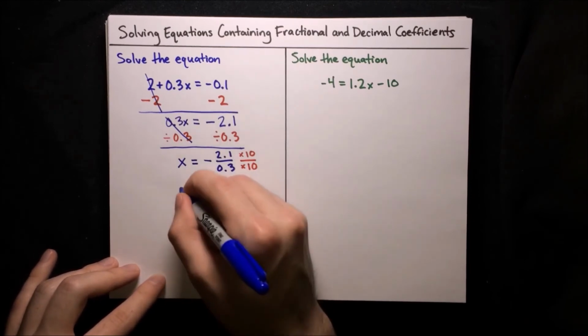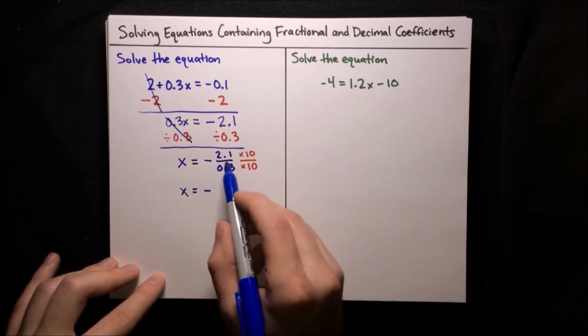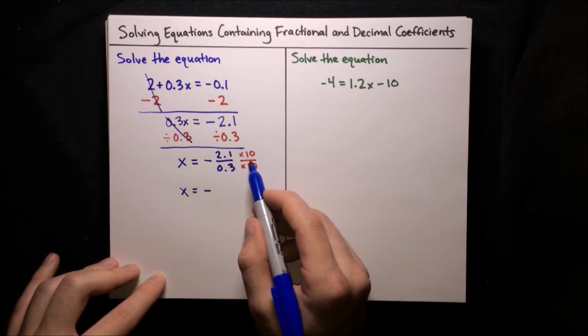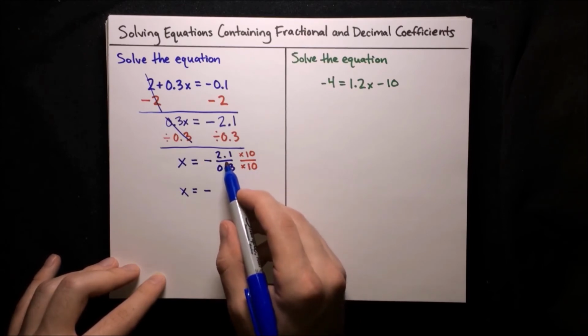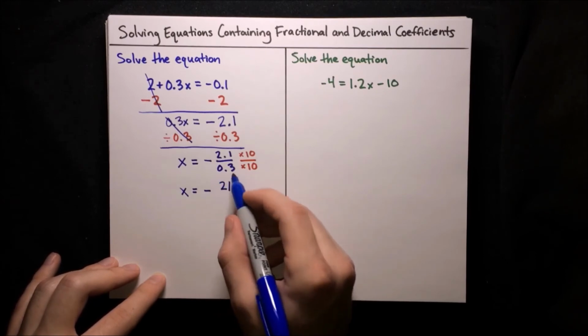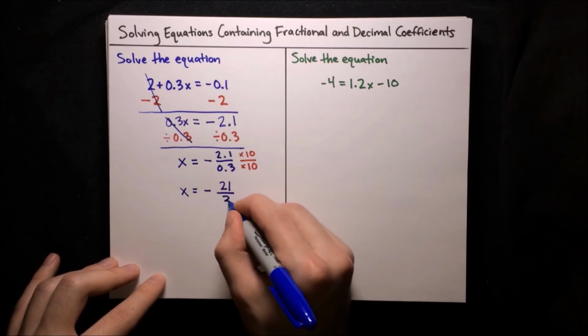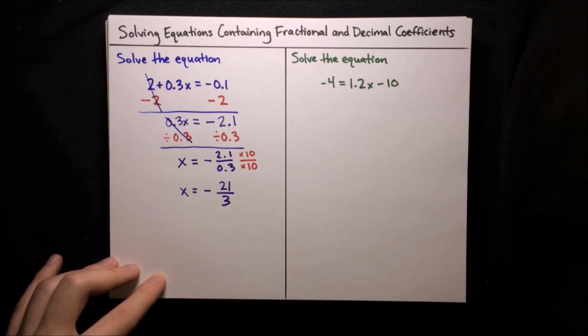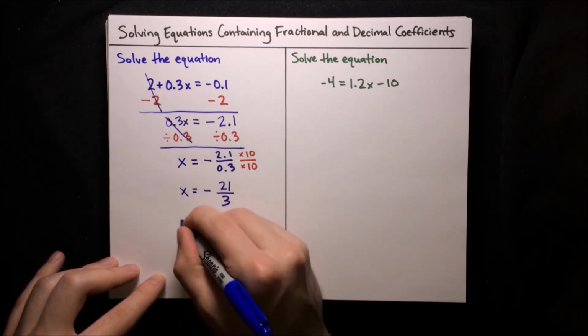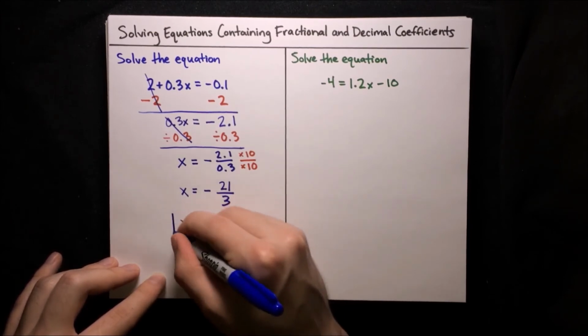So when we do that, we get that x is equal to negative 2.1 times 10. Well, 10 just shifts the decimal place once over. So 2.1 times 10 is just 21. And then 0.3 times 10, just shift the decimal place once over, you get just 3. And 21 over 3, we know what that is. 21 divided by 3 is just 7. So x is equal to negative 7.